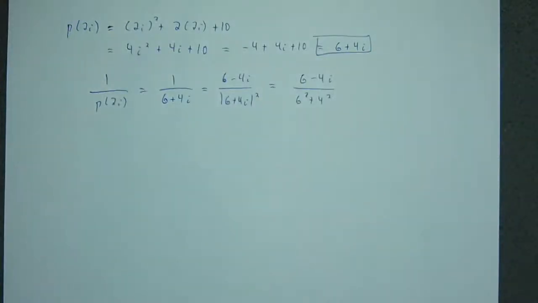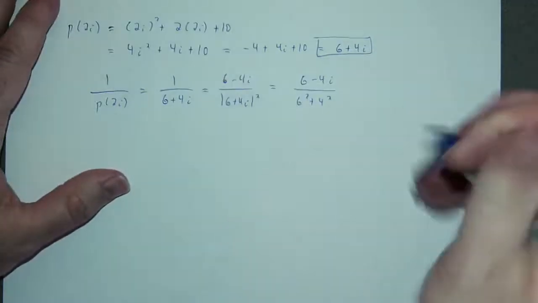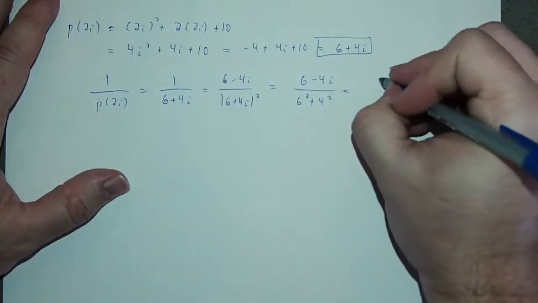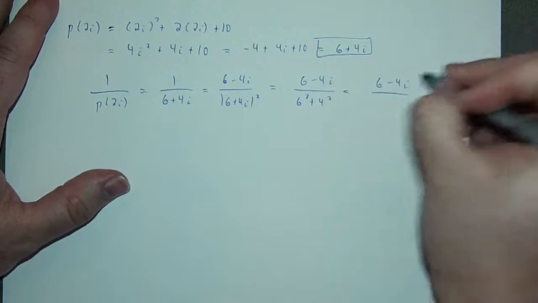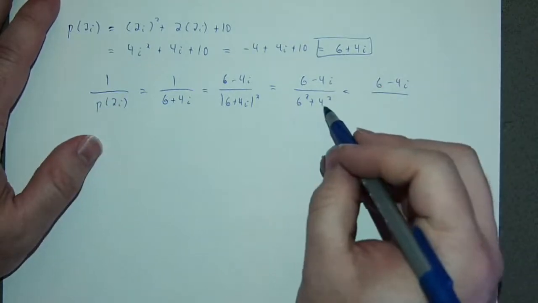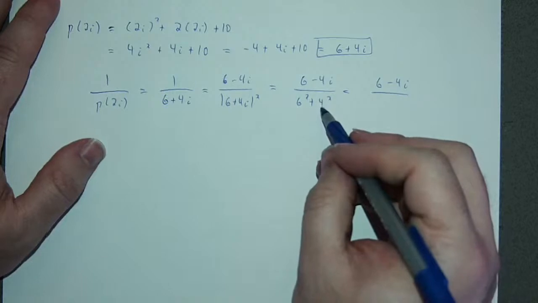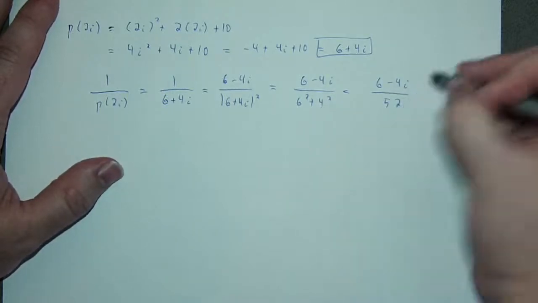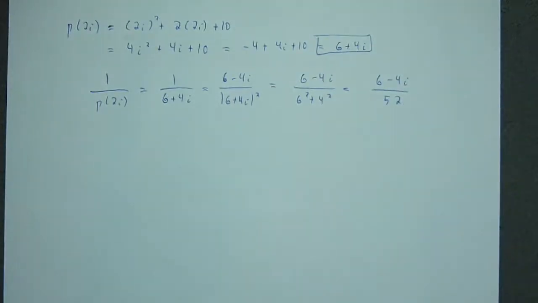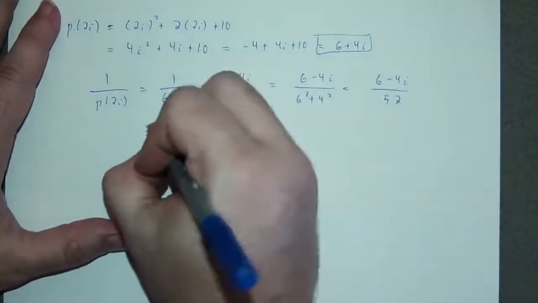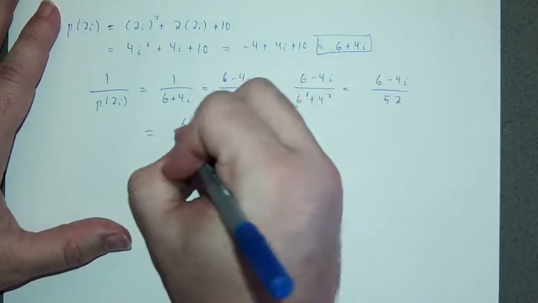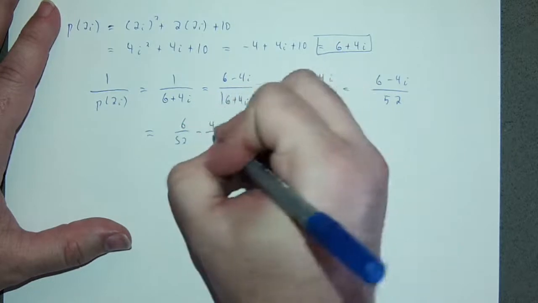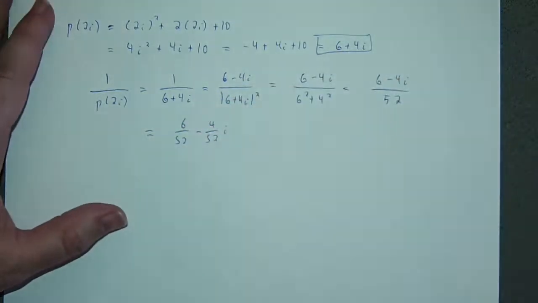Right? So then what is this? 36 plus 16. So this is 6 minus 4i divided by 36 plus 16, which is 52. So this is equal to 6 over 52 minus 4 over 52 i.